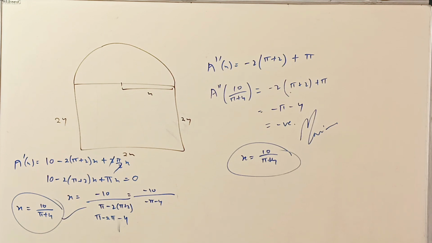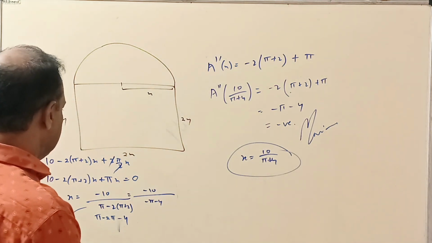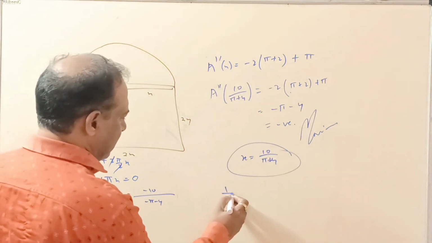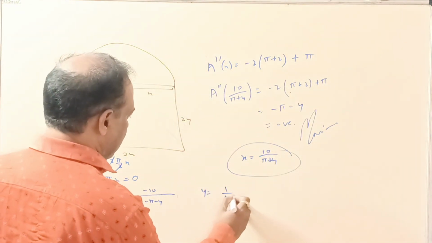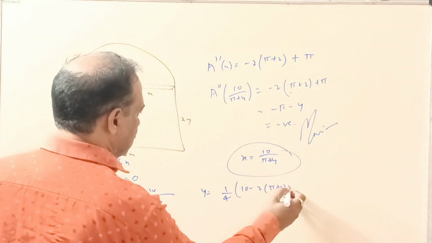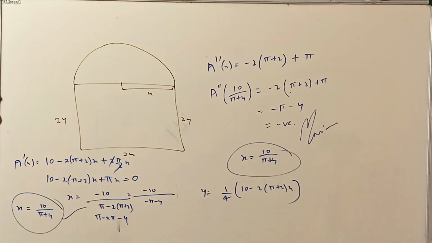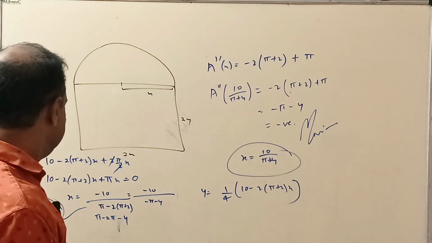Furthermore, if I have to find the value of y, with this value of x, then what I have to do is: the value of y is equal to 1 over 4 times 10 minus twice pi plus 2 times x. This was the equation of y.